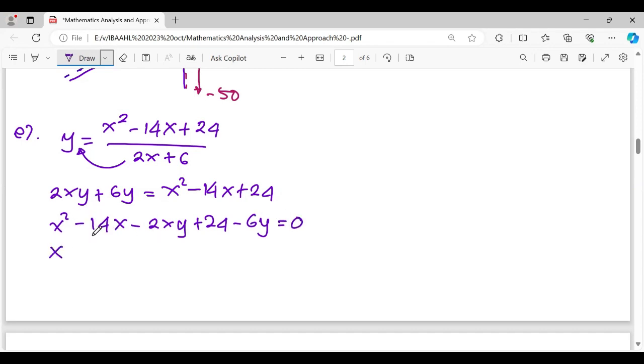And I'm going to factorize this part. So x squared minus (14 plus 2y)x plus 24 minus 6y equals 0.